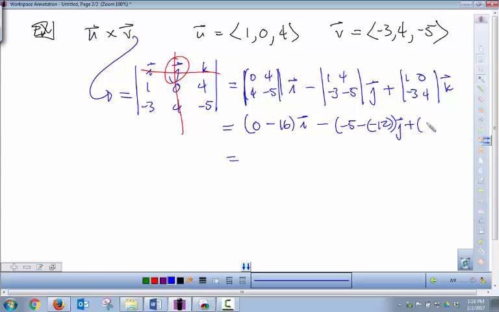And then a 4 minus 0 in the K direction. So -16I, this is a +7 with a negative in front. So it turns out to be -7J plus 4K.